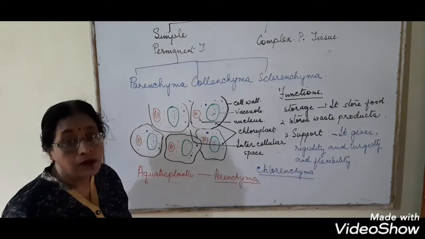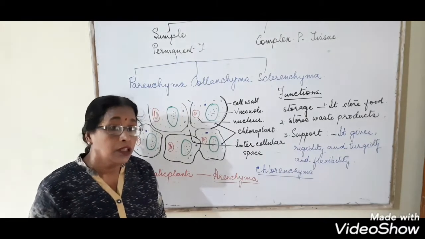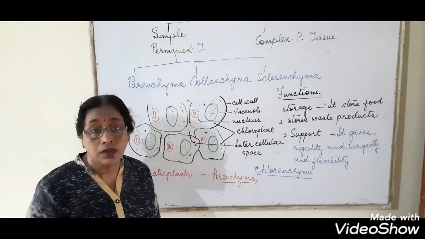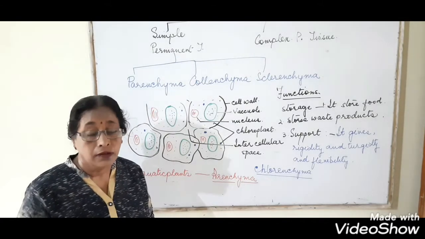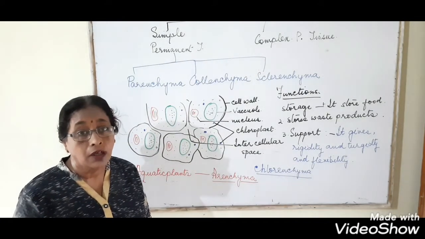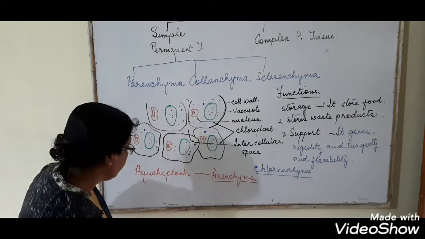The parenchymatous cells have got air cavity, which helps in maintaining the buoyancy of the aquatic plants. That is, it helps in floating of the aquatic plants.